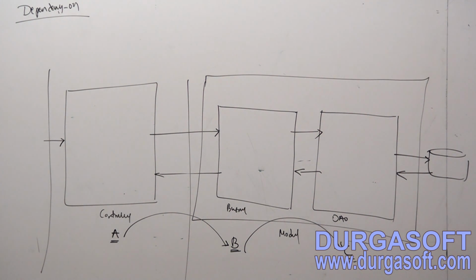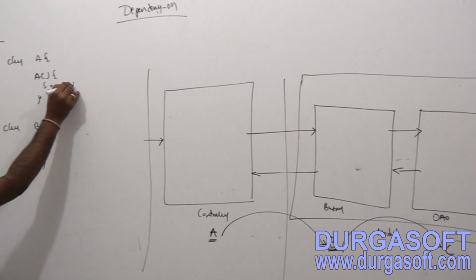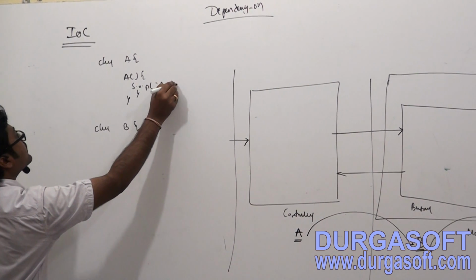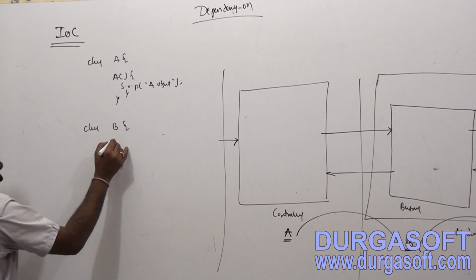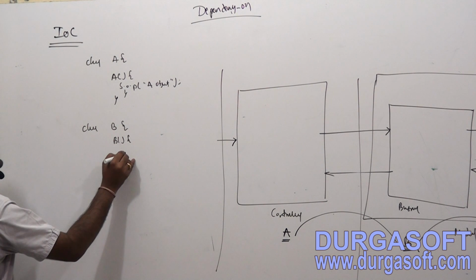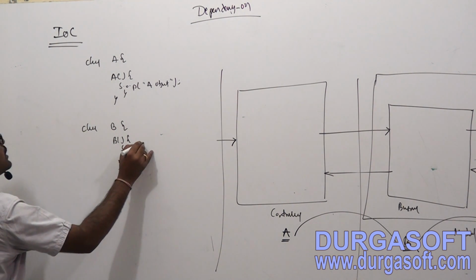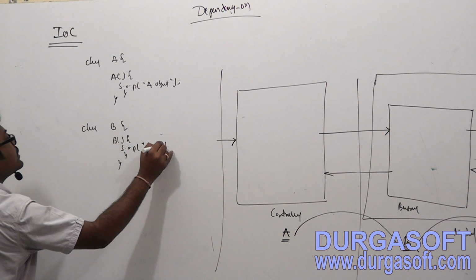Class A, class B, write simple default constructors, System.out.println A object. B class constructor, System.out.println B object.